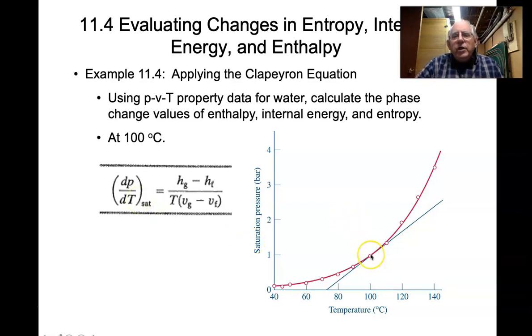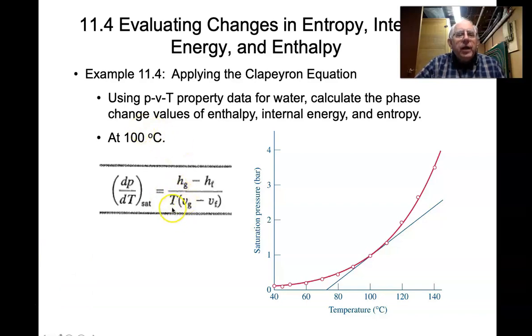And then we can use the data from the table to see if indeed that slope that we calculate is related to the change in the enthalpy across that phase diagram. And that is HFG in most of our tables, divided by temperature.